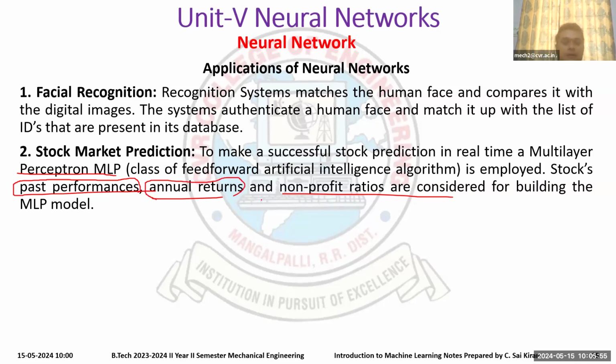Next, the non-profit ratio. It is not possible to get a profit every time. The non-profit ratio is when the selling price is equal to the cost price. All of these are considered to make stock market predictions.